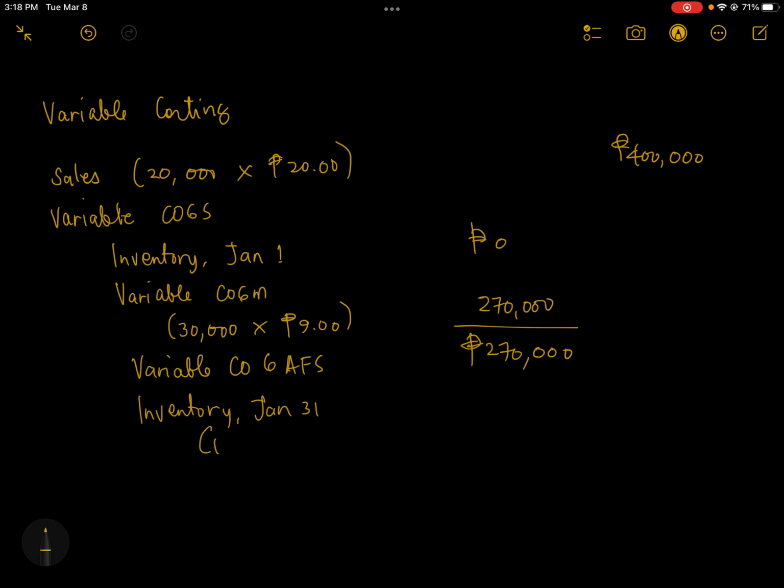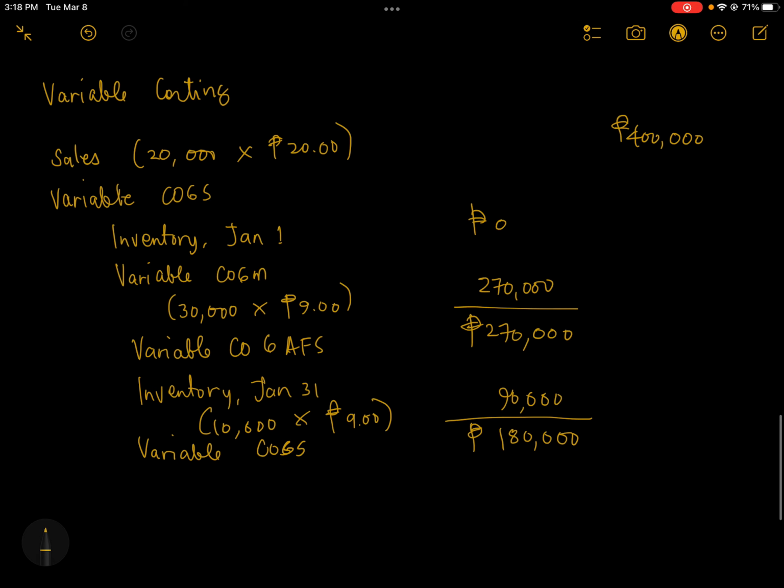And that is 10,000 units multiplied by the unit cost of 9 pesos. That's 90,000. And it will give you 180,000. The 180,000 is the variable cost of goods sold.